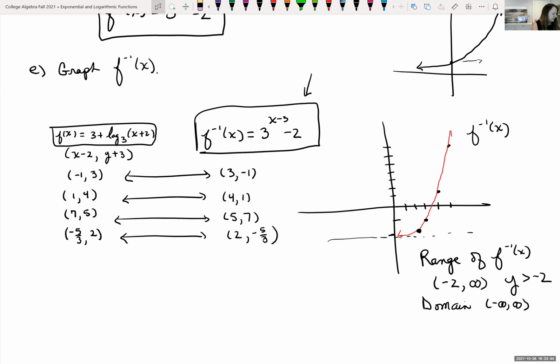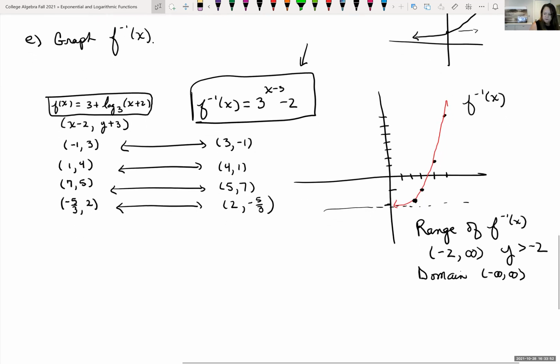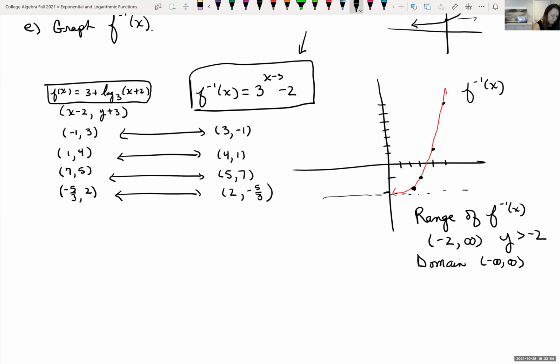Okay, so let's move to solving some of these logarithmic equations. So let me pull an example out. Let's say we have log base 5 of x equals 3.